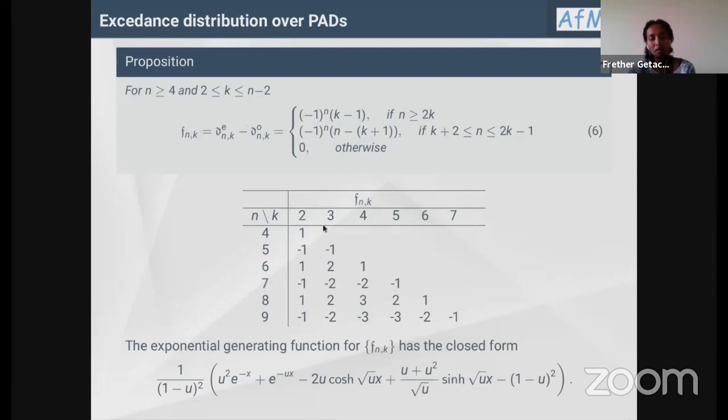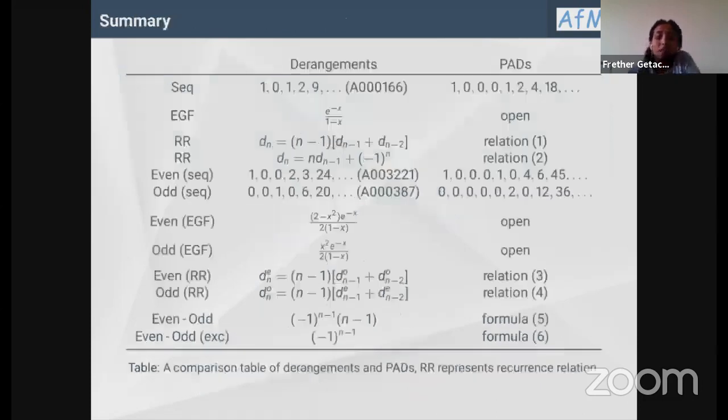So here we have a table to indicate the difference, and also an exponential generating function for this difference. As a summary, we have a comparison table between the derangements and the paths.